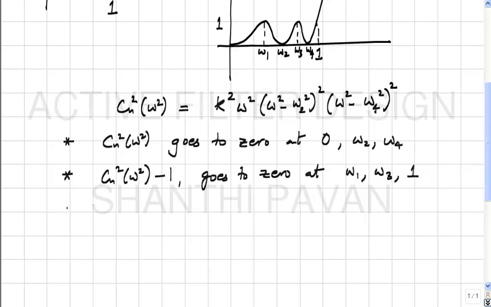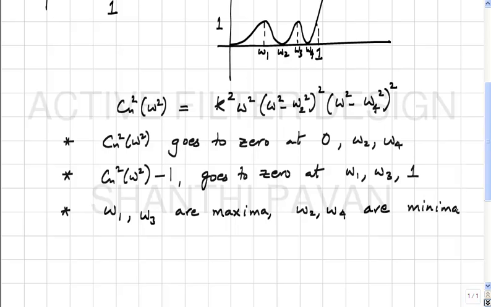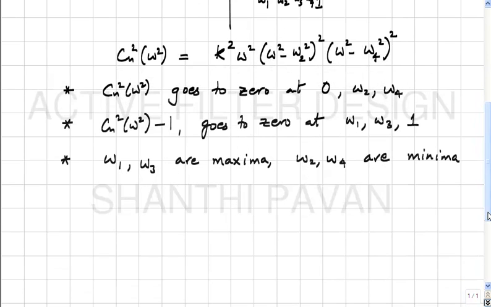But given the prowess of these mathematicians who did this about 120 years ago, they also realized that omega 1 and omega 3 are maxima and omega 2 and omega 4 are minima, and used this to finally end up with a differential equation relating Cn and omega.